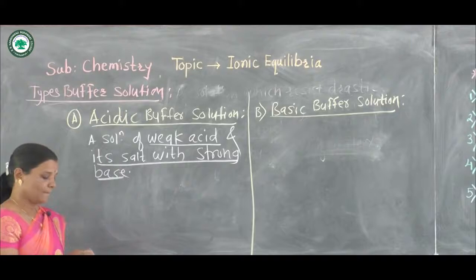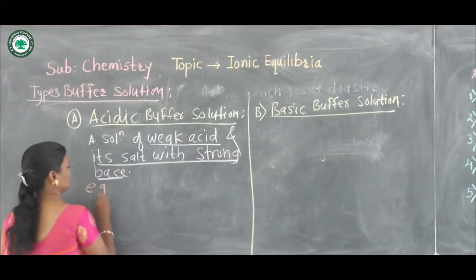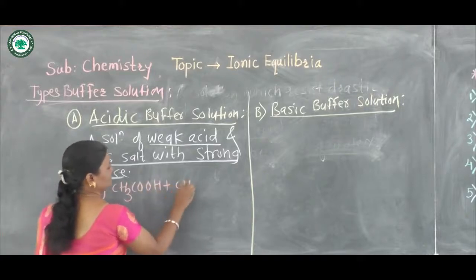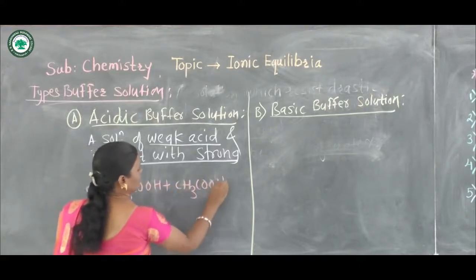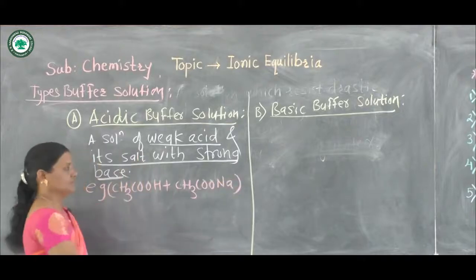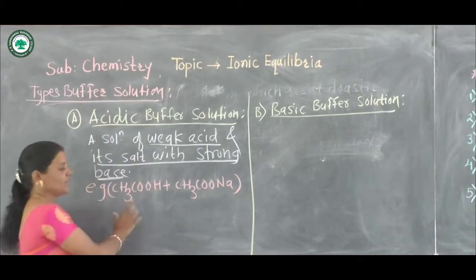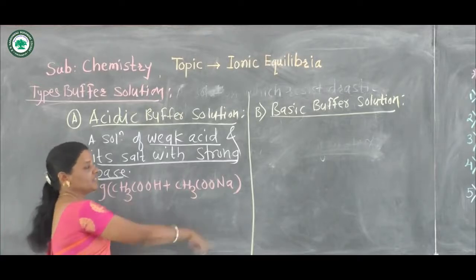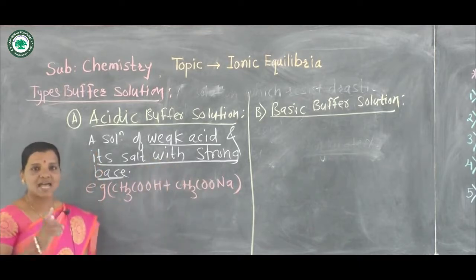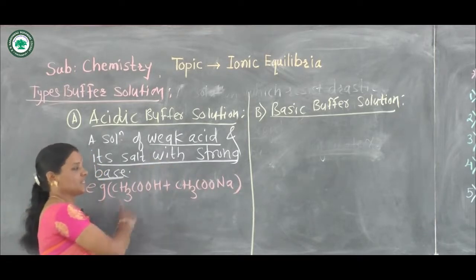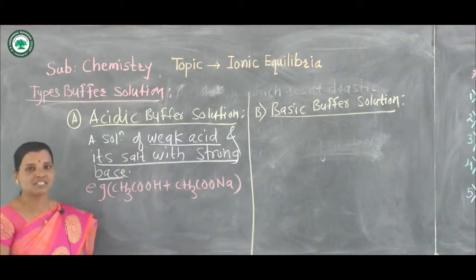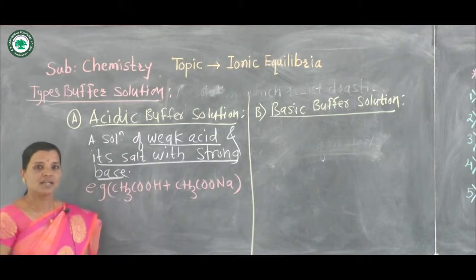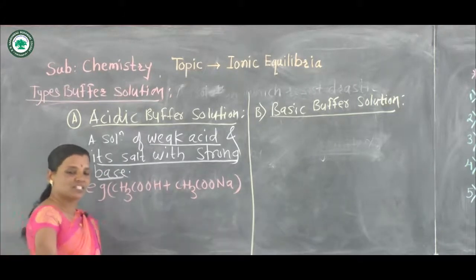For example, solution containing weak acid, acetic acid, and salt of acetic acid with strong base, that is sodium acetate. Solution of acetic acid and sodium acetate is the example of acidic buffer solution.